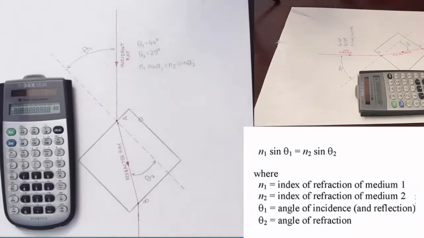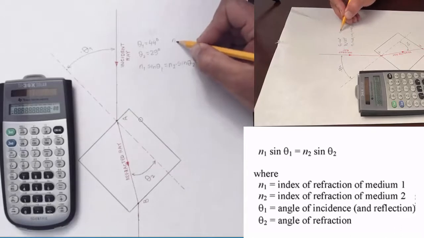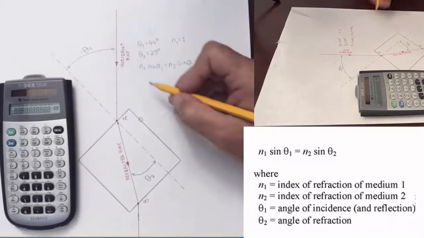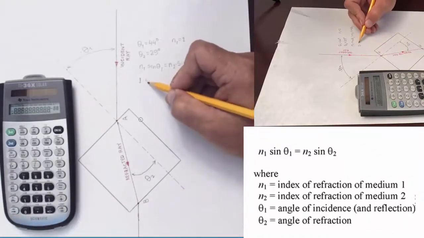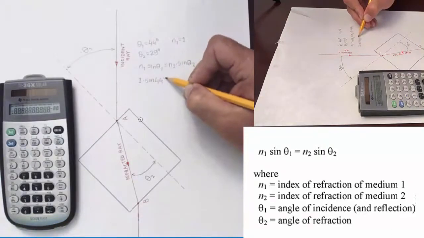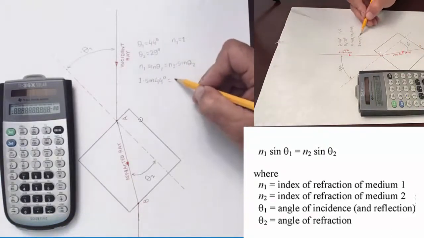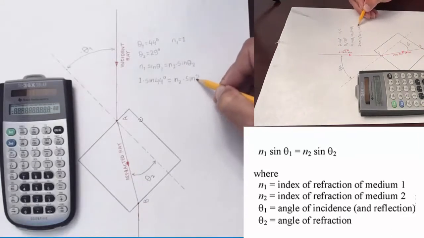Our n1 is the index of refraction of the first medium, which in our case is air. We know that the index of refraction of air is equal to 1. So now we are going to substitute n1 equal to 1 and theta 1 equal to 44 degrees, equal to n2 times sine of 29 degrees.